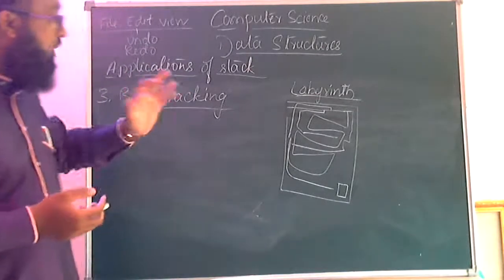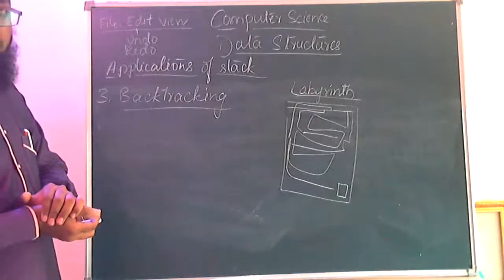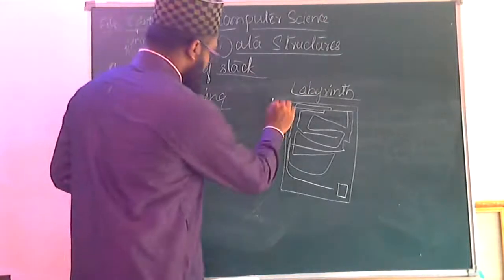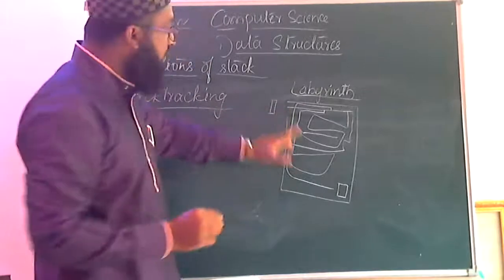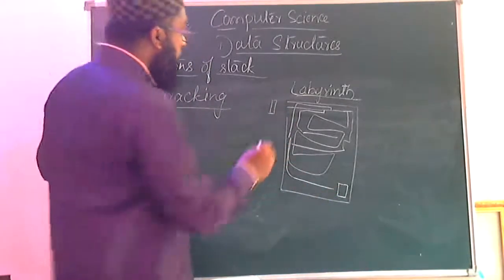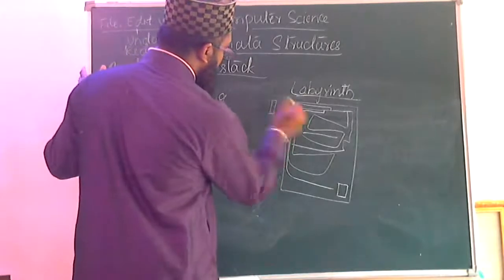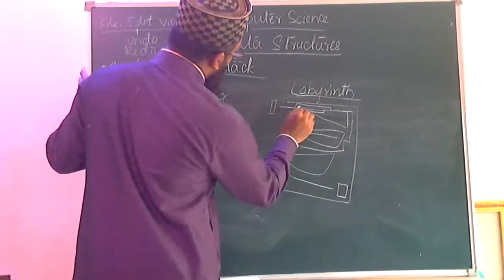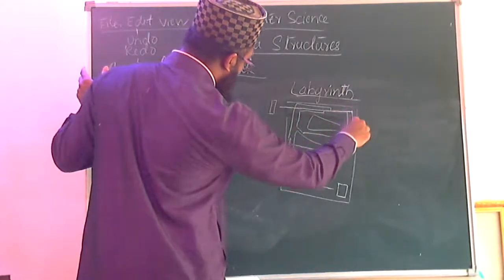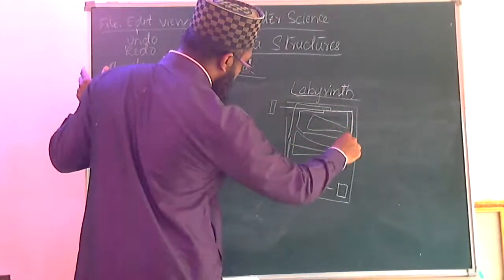What actually does backtracking mean here? Think of this labyrinth. A person wants to reach his item. Then what will he do? First he will start from this route, then after moving he will go to this route, then he will come down, then he will follow here.